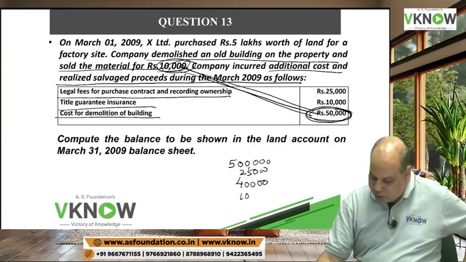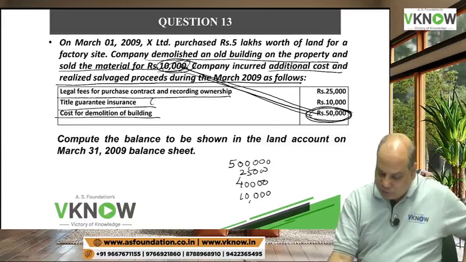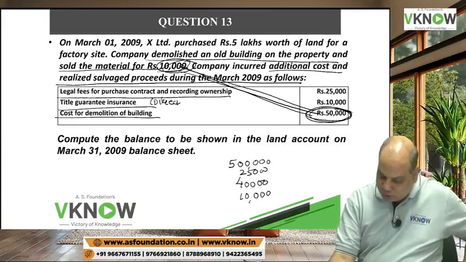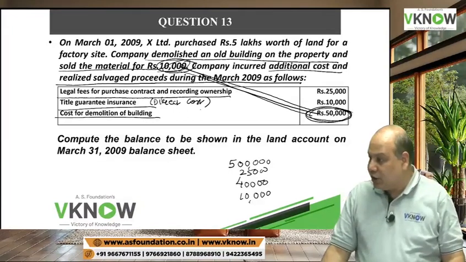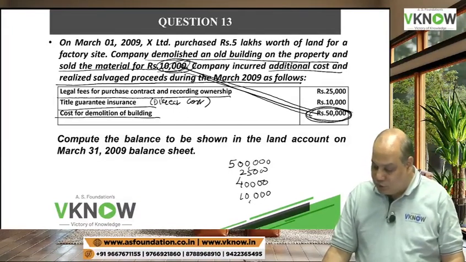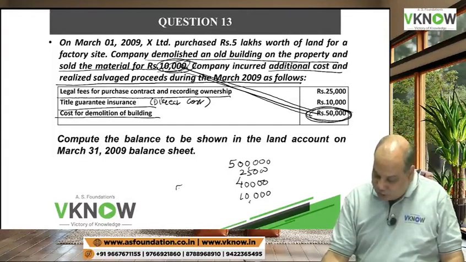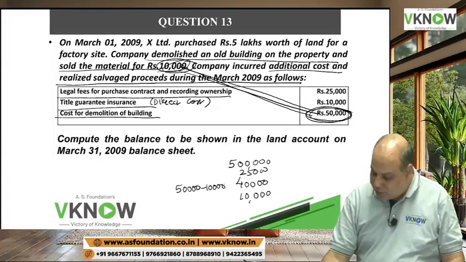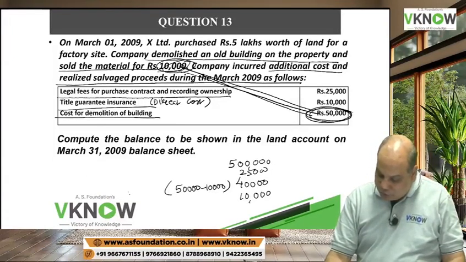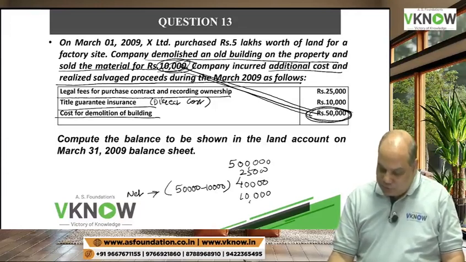Title guarantee insurance, this is also a directly attributable cost. To get the title guarantee insurance, something should not be wrong. And then cost of demolition 50,000. But we have sold the scrap material for 10,000. So net demolition cost is 40,000.